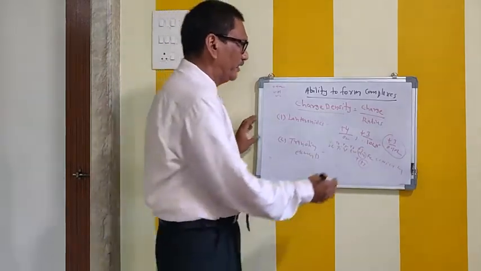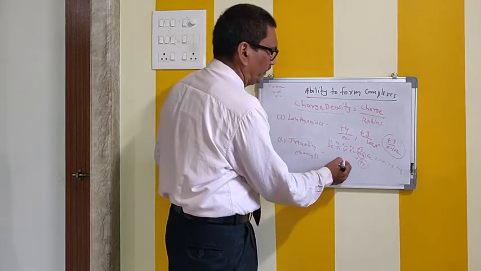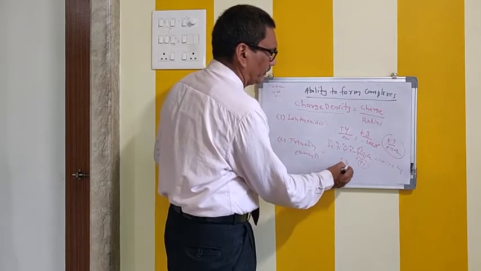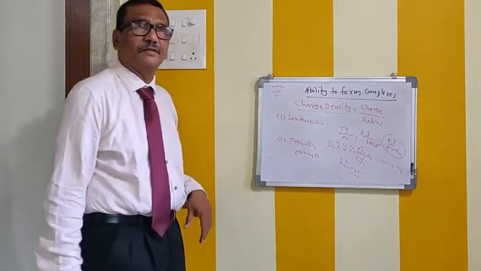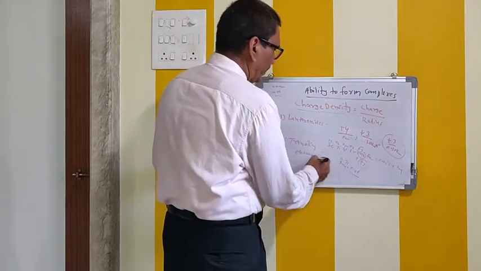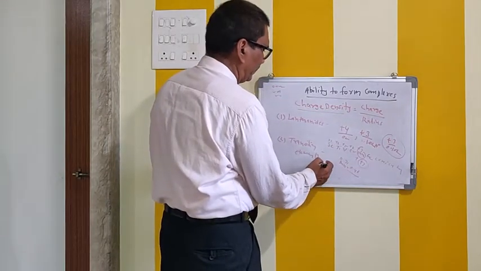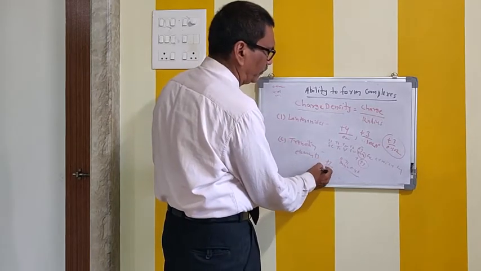If we take the radius of manganese, as we have seen in lanthanide contraction, Mn plus 7 is 0.46 Angstrom. Then if you calculate the charge density here in the case of the transition element, as an example, it is plus 7 upon 0.46.